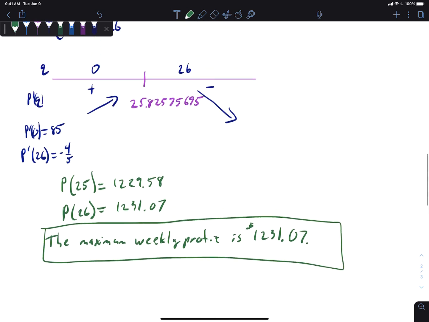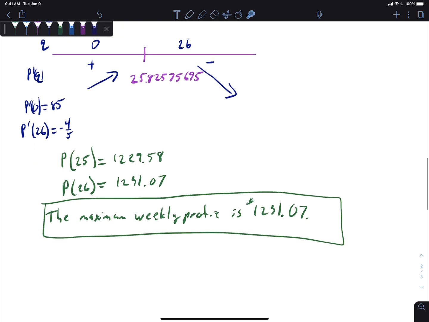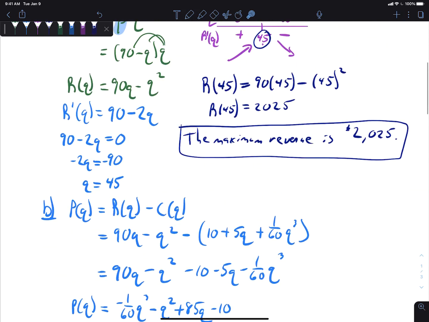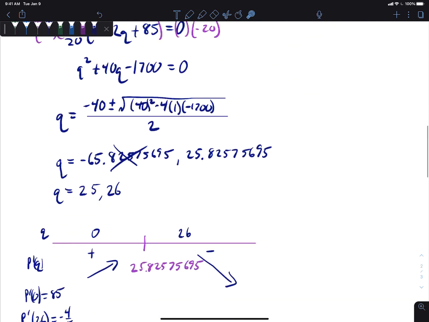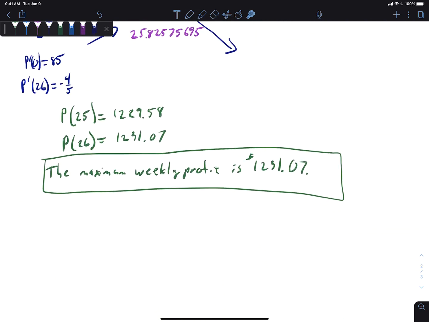Awesome. Now notice that the maximum profit occurs at a different number than the maximum revenue, which is interesting. The reason for that is the interplay between the revenue and the cost curves.